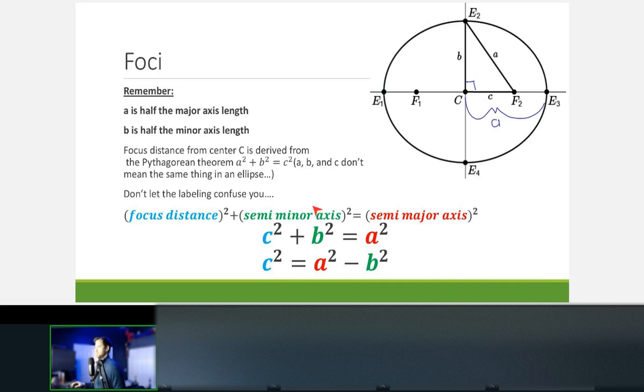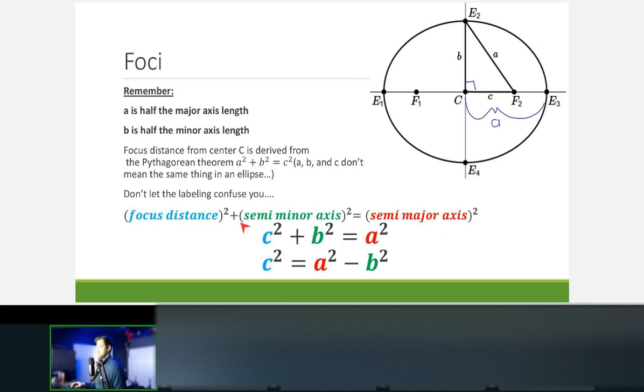So just write this formula down. Make sure you know what each one is. We have the focal distance squared plus the semi-minor axis length squared equals the semi-major axis length squared. You don't necessarily need this diagram if you just have this written down.